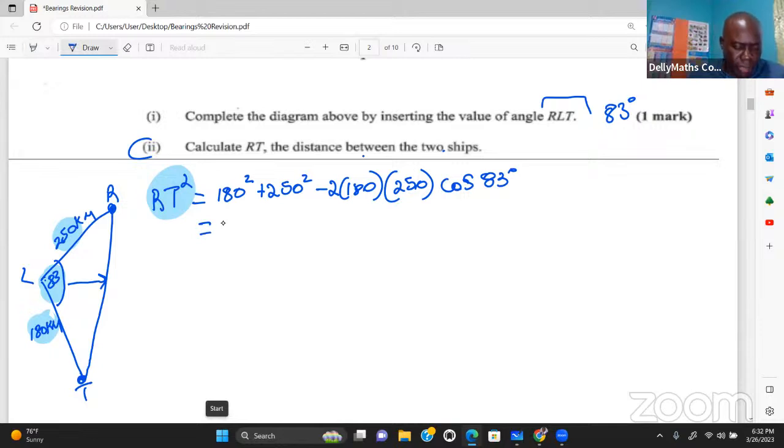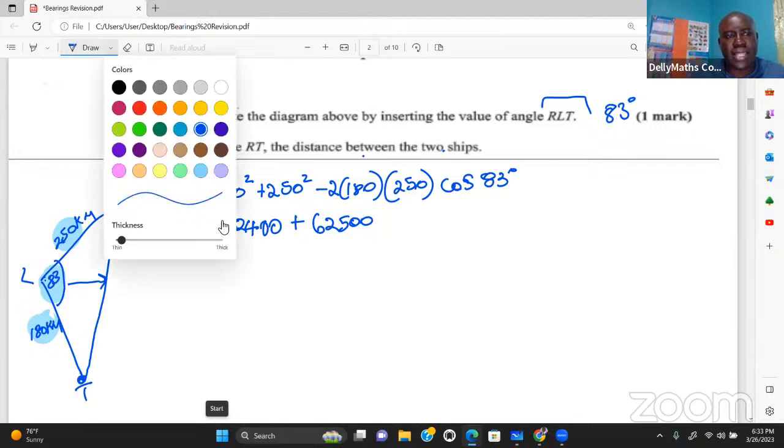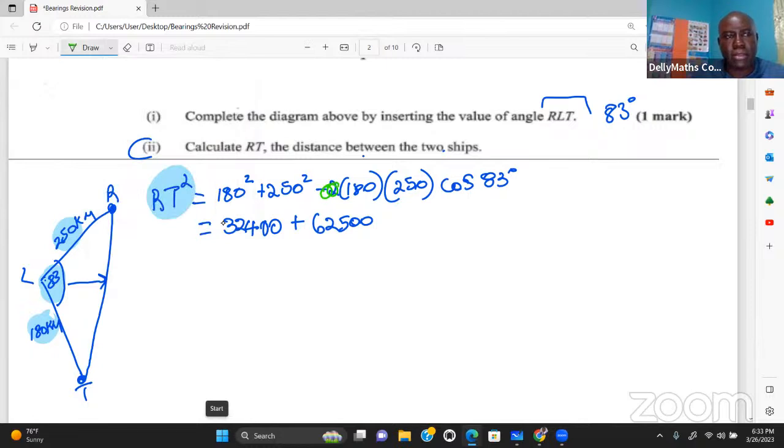What we're going to do now is make sure that our calculators are working well. We want to square 180, and we're getting 32,400. We want to square 250, and we're looking at 62,500. Now, at this moment, let us put all of this on the calculator one time.